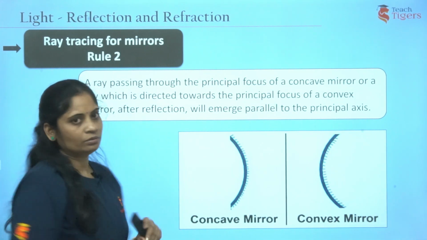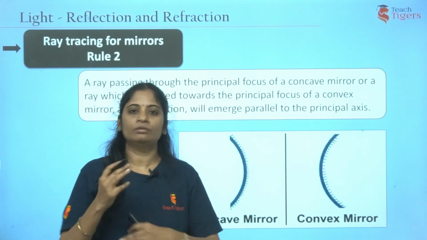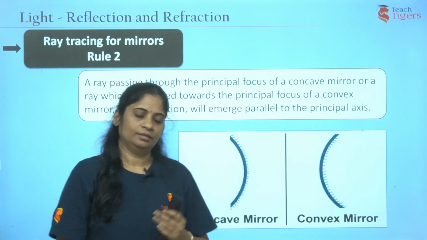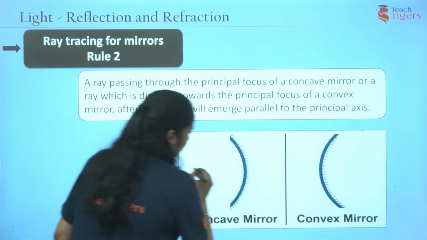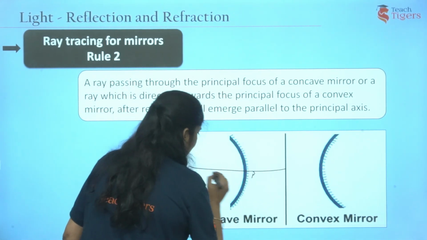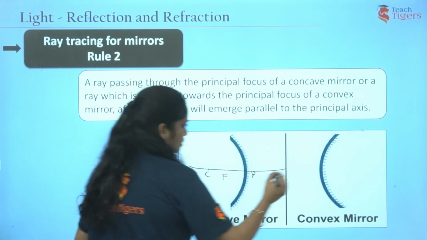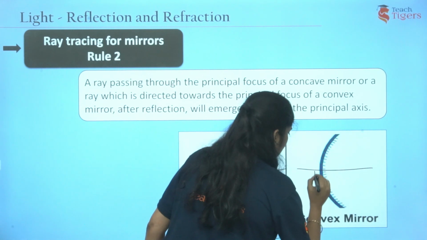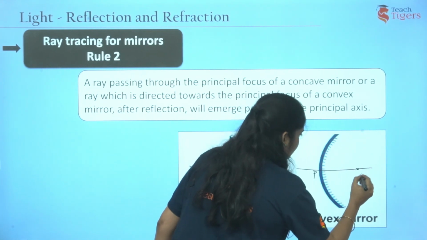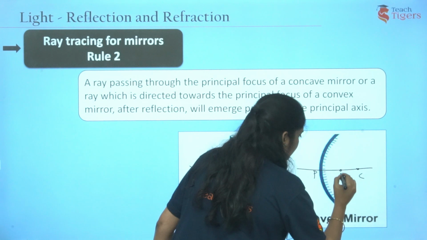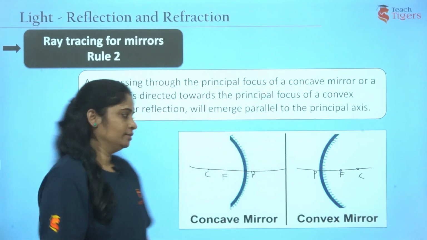The second ray rule is very easy, just the converse of rule 1. What does it mean? Again we know here this is the pole, center of curvature, focus. The same way here, this is pole, center of curvature and the focus, right?